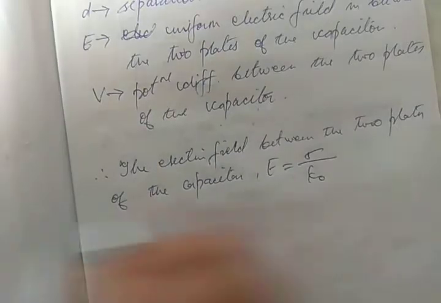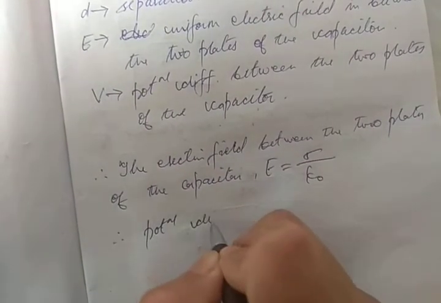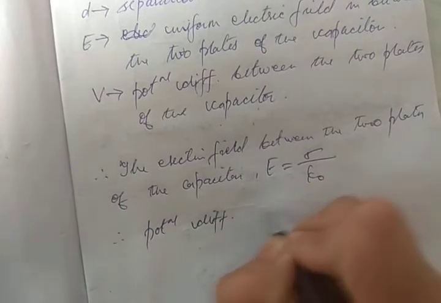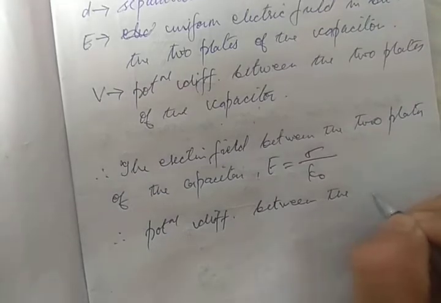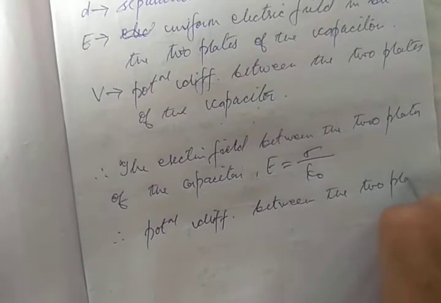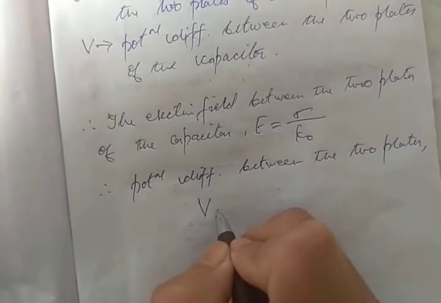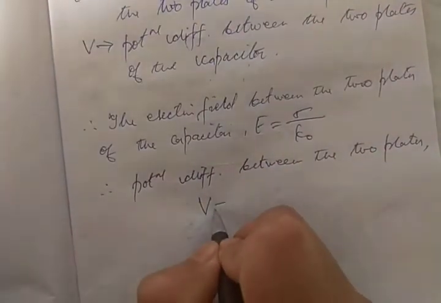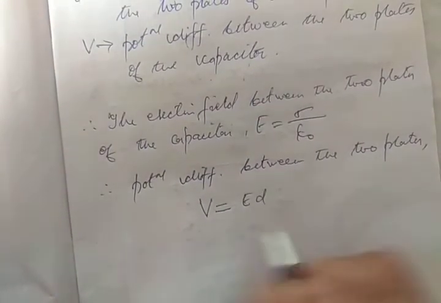All right, therefore the potential difference between the two plates, let us call that V, will be E into D. Now why is this so?